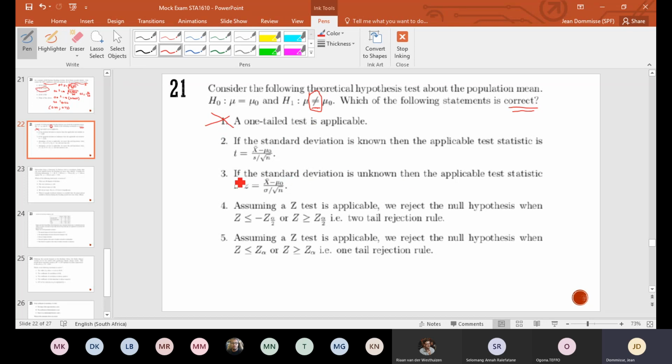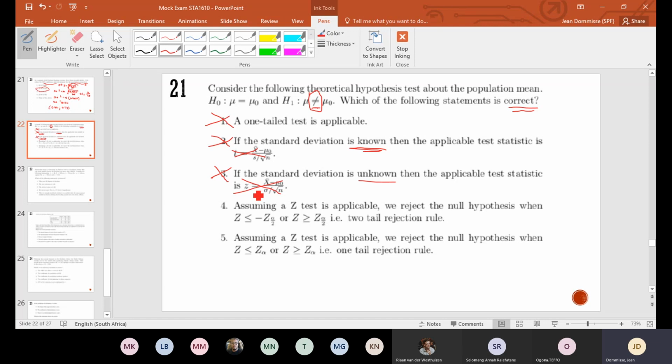So let's look at, if a standard deviation is known, it is definitely not a T, so that is also incorrect. So let's look at the next one. If a standard deviation is unknown, then the test statistic is Z. If it's unknown, it should be T. If it's known, it should be Z. So also wrong.